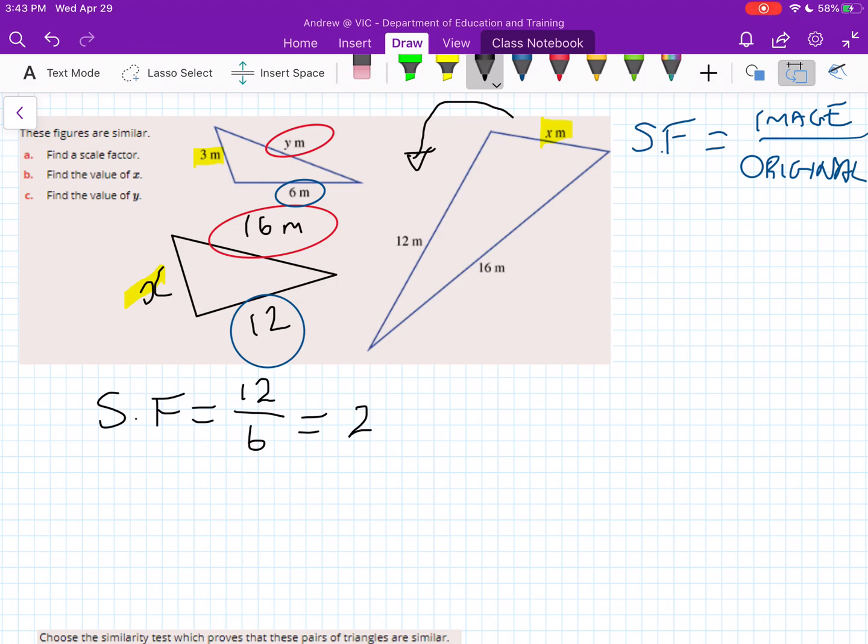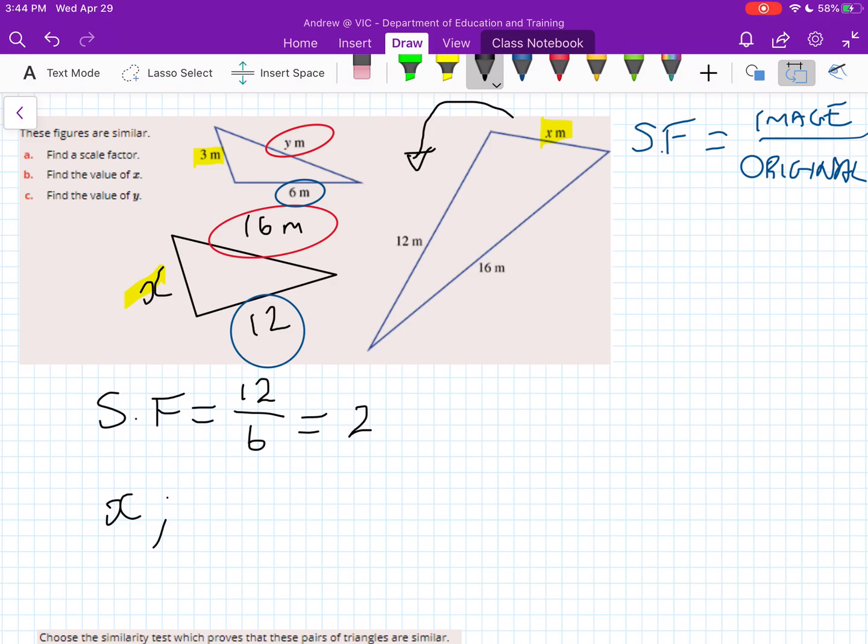Okay, now we just need to find the value of X and Y, and because we've already flipped around our triangle here to make it look exactly the same, it is a lot easier to work this out. So that's what I said. The main problem with these is actually just subbing in the wrong values. So just make sure you rearrange your triangles to make them look the same. So with this, our value of X, we just use the same equation.